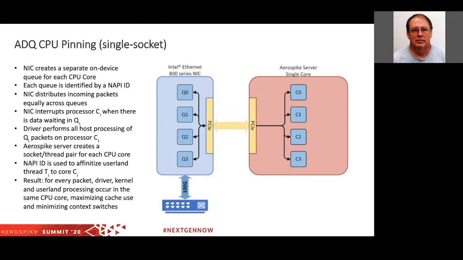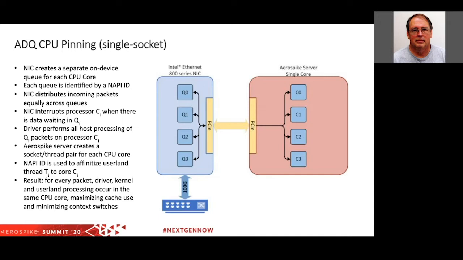Okay, we're going to go through a couple of hardware configurations to try to show this in action. This first example is showing a single socket system running one instance of an Aerospike server. It's got multiple cores, and the thing to notice here is you have an 800 series card.